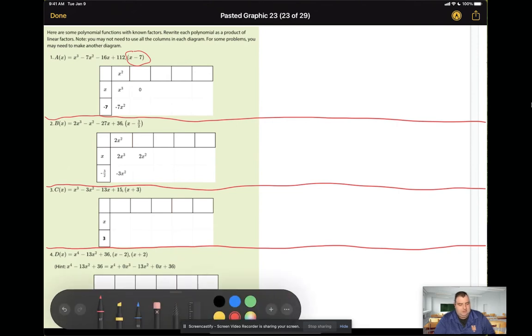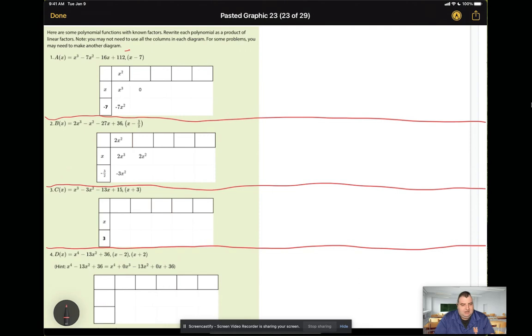The way I'm going to figure out my other factor is by dividing the polynomial by the factor. So the numerator is x cubed minus 7x squared minus 16x plus 112, and x minus 7 is my denominator.